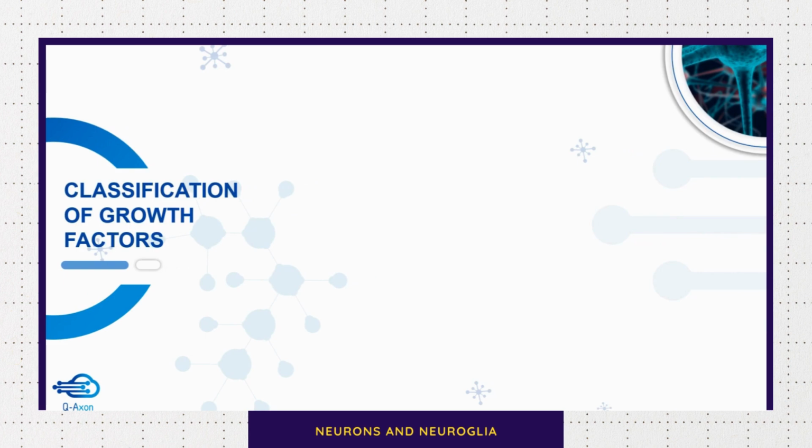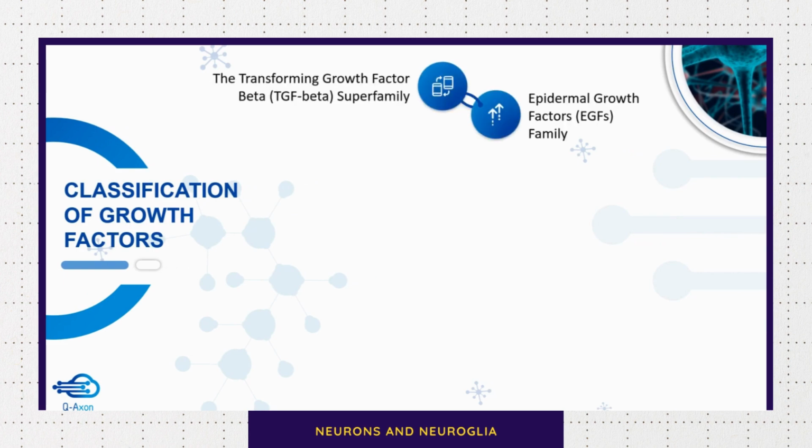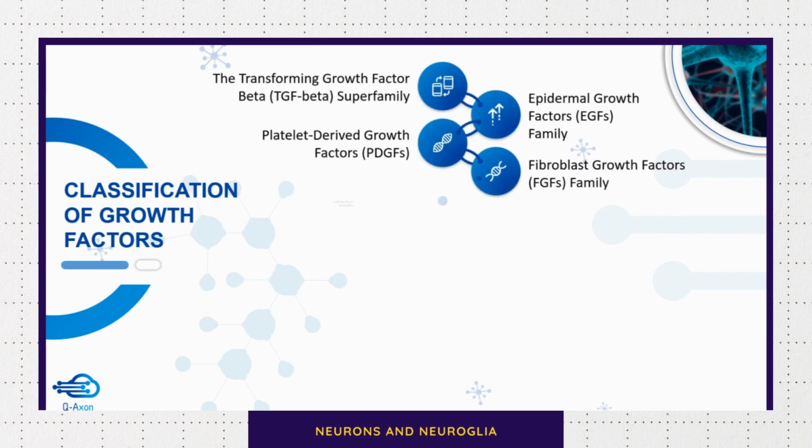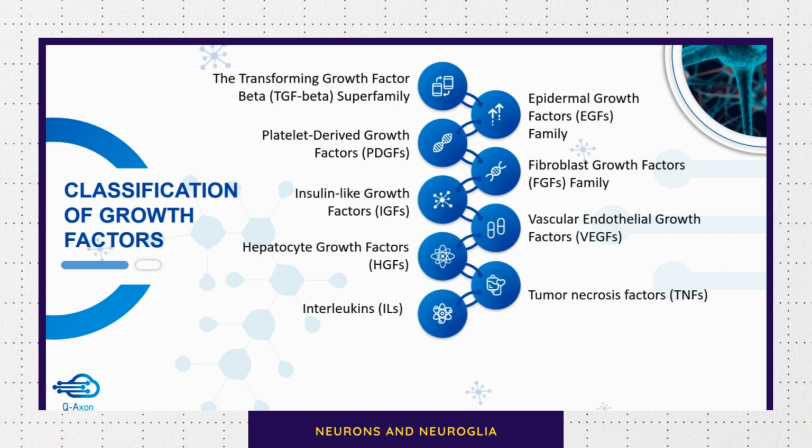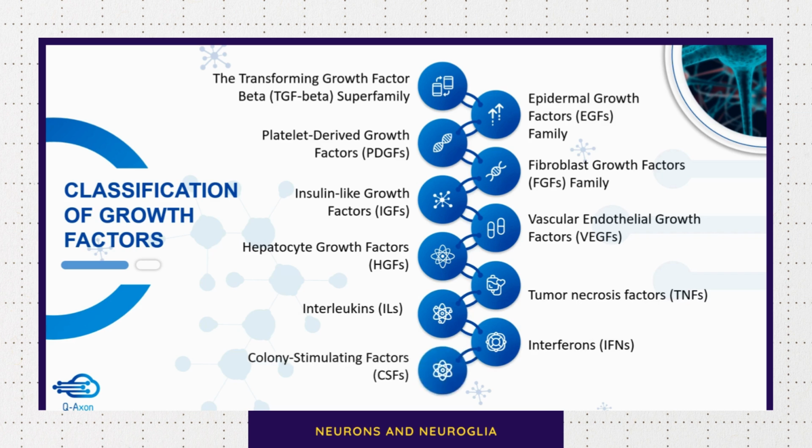Now, several important families of growth factors have been recognized and classified. These have been presented in this slide, and you may recognize some of the names. Now, the first few, for instance, TGF-beta, PDGF, EGF, FGF, these especially participate in processes that involve cellular proliferation and differentiation, such as wound healing.